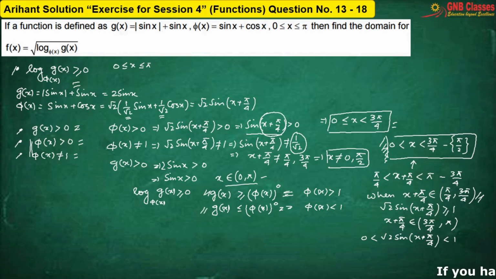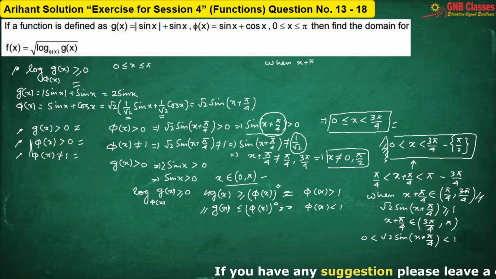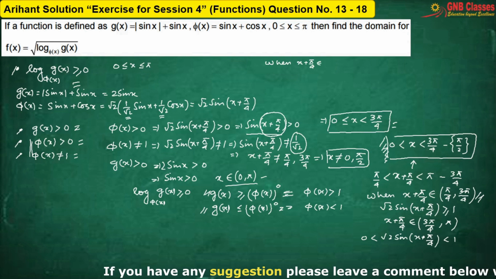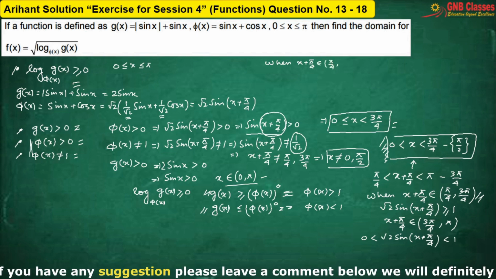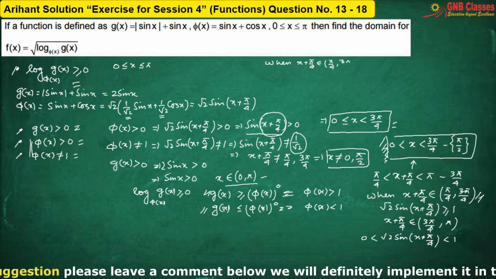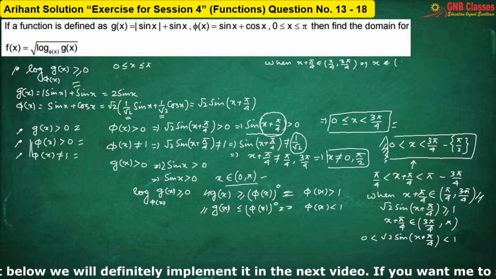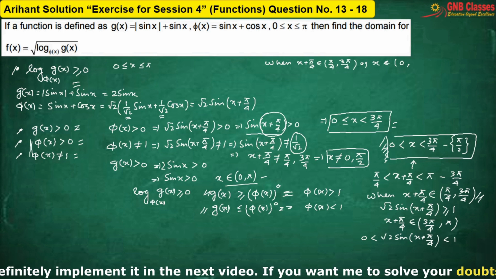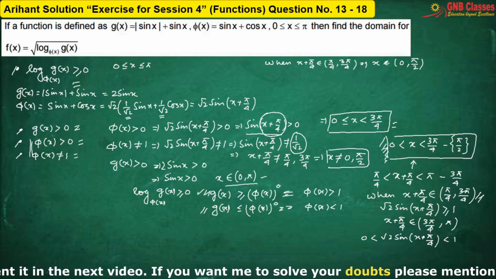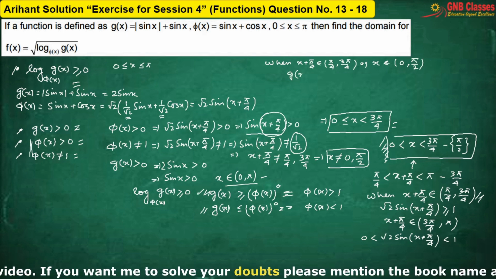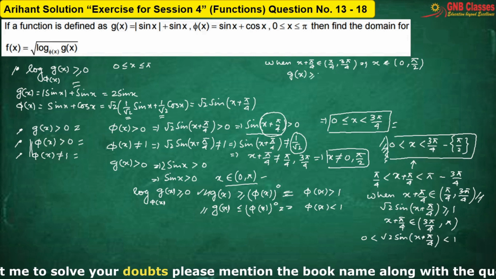So now, when x plus pi by 4 is lying between pi by 4 and 3 pi by 4, that is, x lies between 0 and pi by 2, in that case we will write g(x) is greater than or equal to 1.